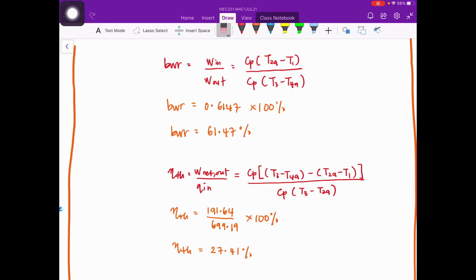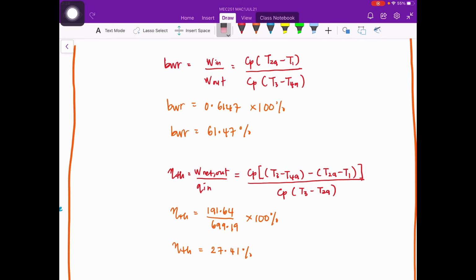Alright, so then you should substitute all the necessary values. Then do not forget to multiply by 100%, so then we can get the value for the back work ratio in terms of percentage.